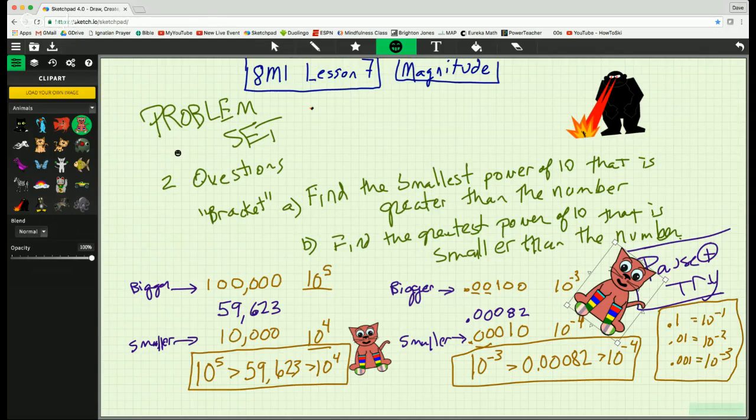Okay, great. We're now going to summarize what we've learned. We learned how to convert between decimals and powers of 10. We learned how to bracket numbers that are greater than 1 and less than 1.